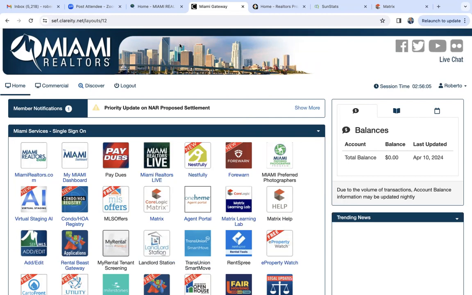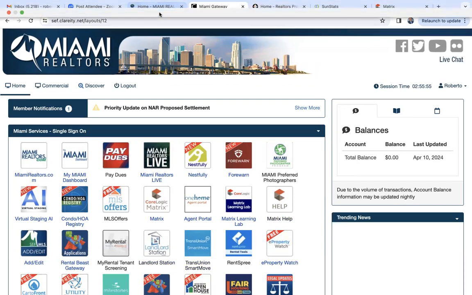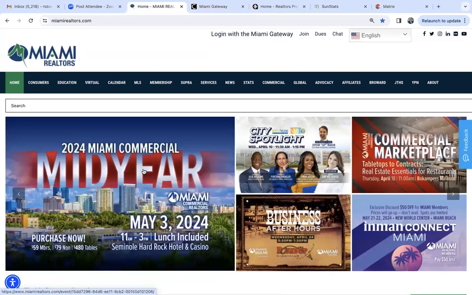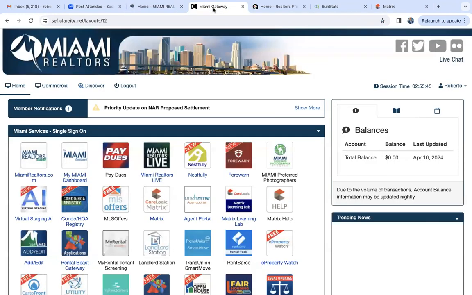All right, so we are, of course, logged into our Miami Realtors Gateway. And those of you that are new, this is where you normally log into all of your services, right? You begin by going to miamirealtors.com, correct? And you're going to always click on the Miami Gateway, and you're going to get logged in, and you're going to have access to this page right here.